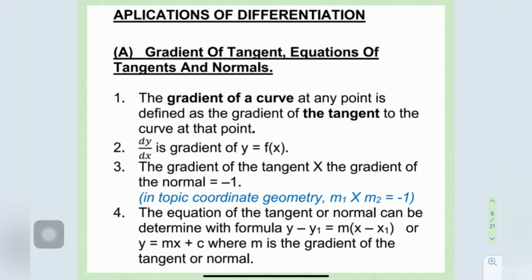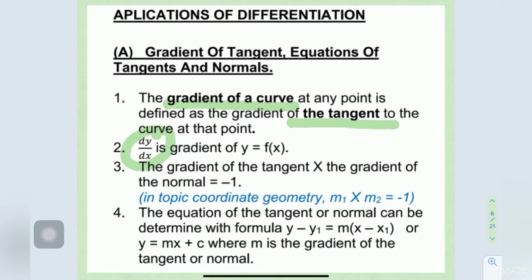Now for a curve, the gradient of a curve at any point is defined as the gradient of the tangent to the curve at that point. So dy/dx is the gradient of y equals f(x).